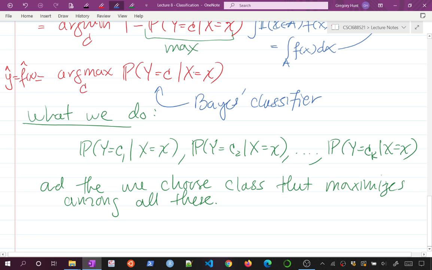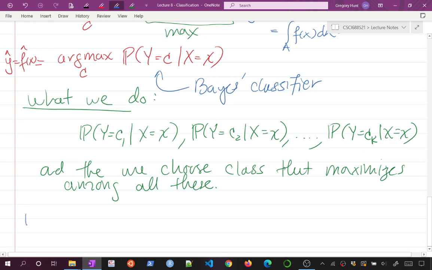And the Bayes error rate: this is called the Bayes classifier, and the corresponding so-called Bayes error rate is just, instead of the argmax, the max.